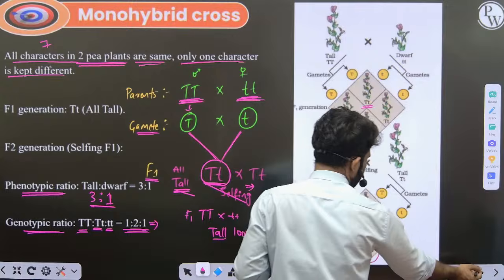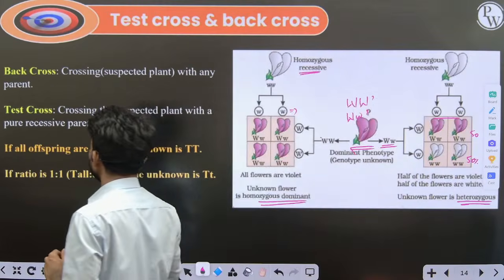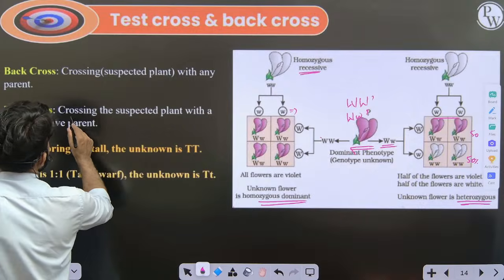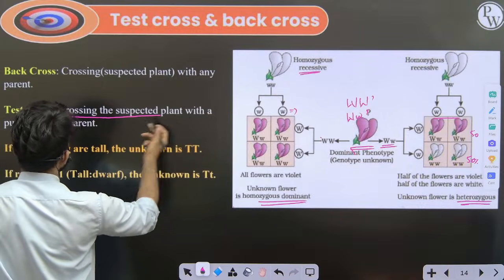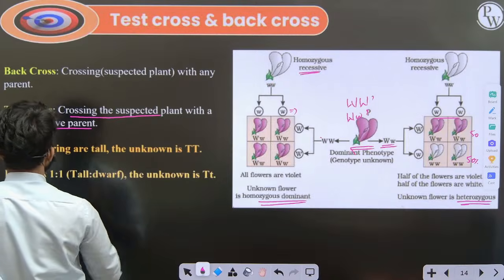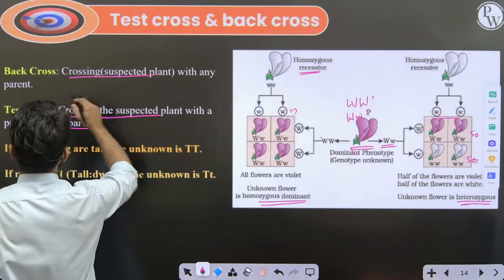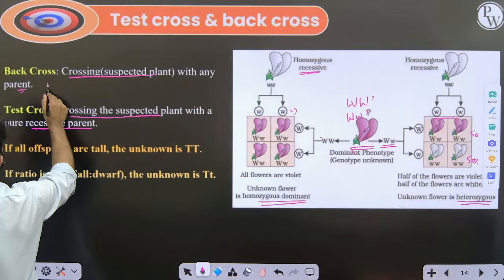Right? So that is what we call the test cross: crossing the suspected plant with the recessive parent, and then you will get to know its genotype.